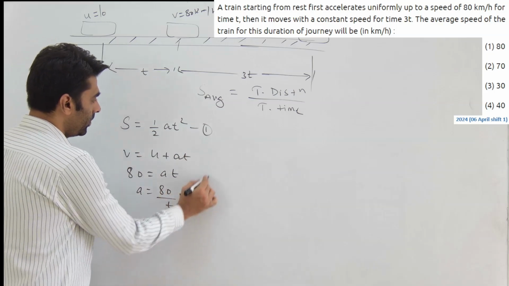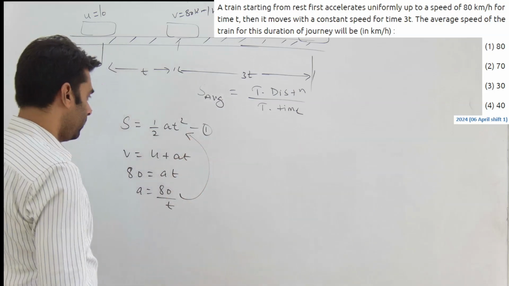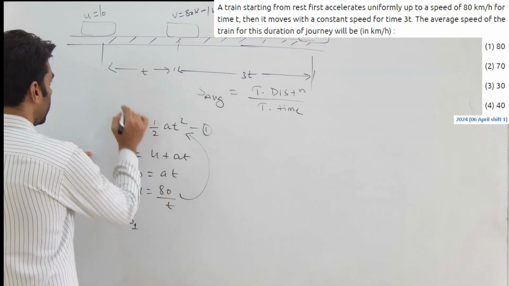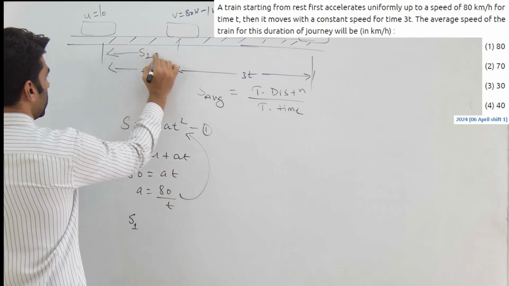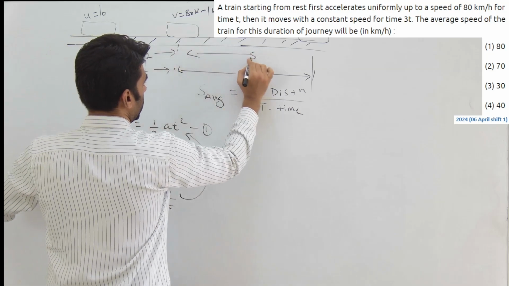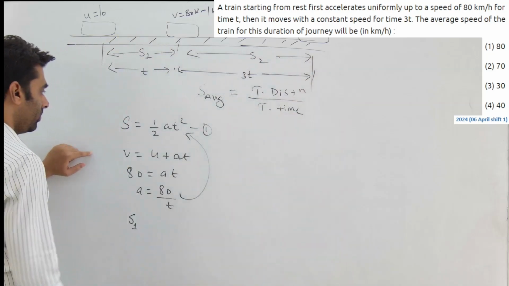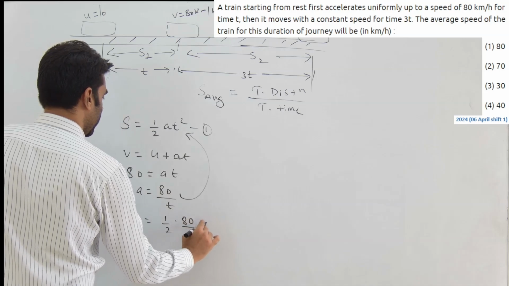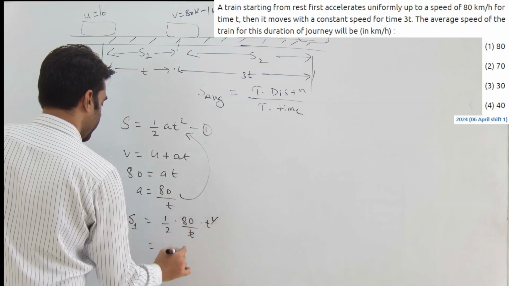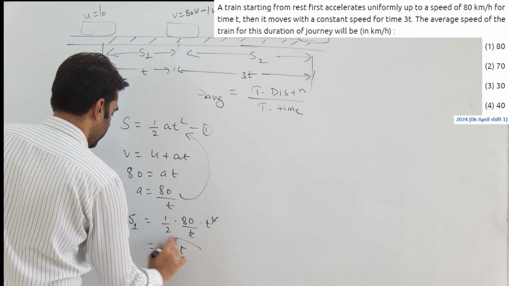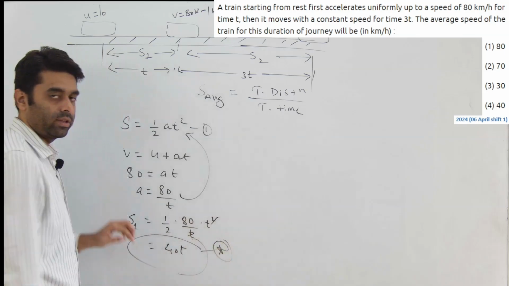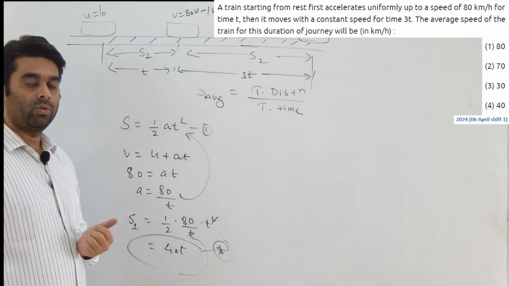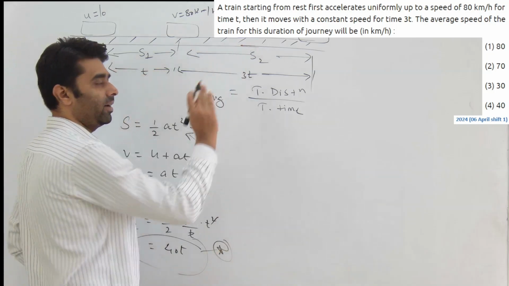I'll substitute this acceleration in our equation. This part is our distance s1, and this is s2. So s1 is 1 by 2 into 80 by t into t square. Cancels out, we are getting ultimately 40t. We will require this. In the first part, the distance is coming out to be 40t. The second part is a simple story.